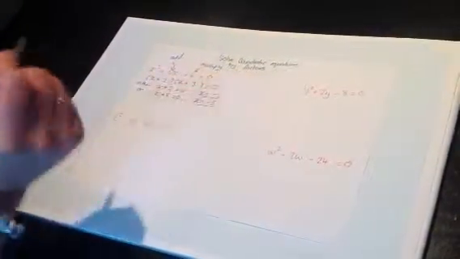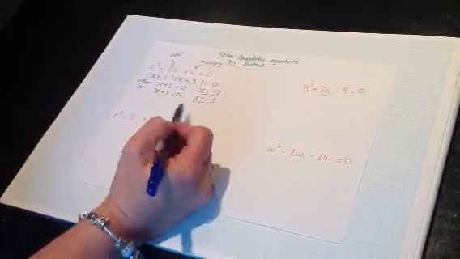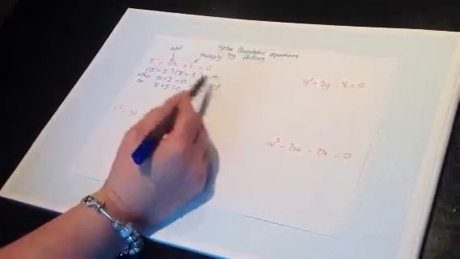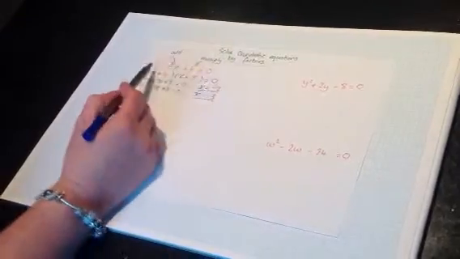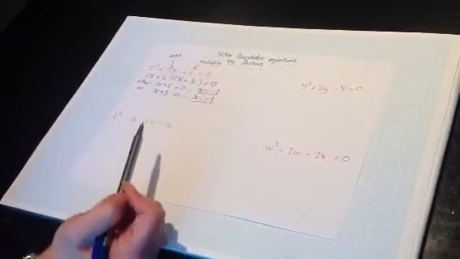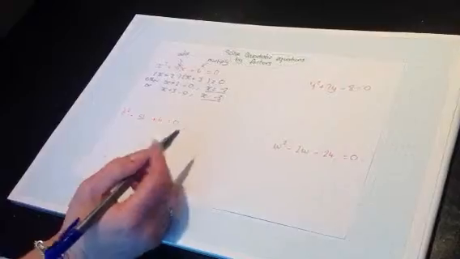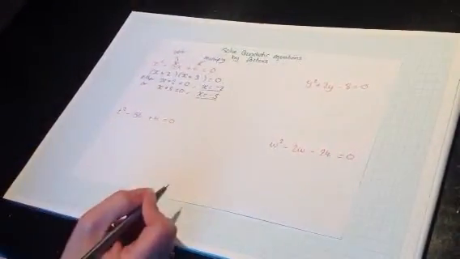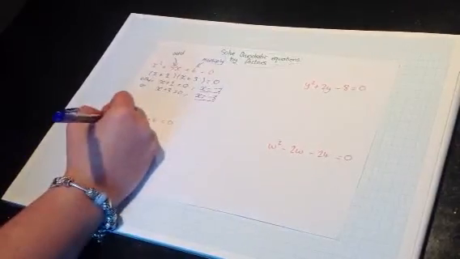So I have two solutions, either x equals minus 2 or x equals minus 3. And I could check I was correct by substituting them into that equation and make sure that I get a 0 for my answer.